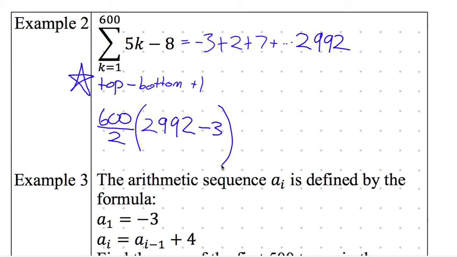Yep, so I'm adding my first entry, my -3 right here. I'm adding my last. So I'm really doing a pair like that. I'm pairing those up. And how many pairs do I have? 600 divided by 2 pairs.